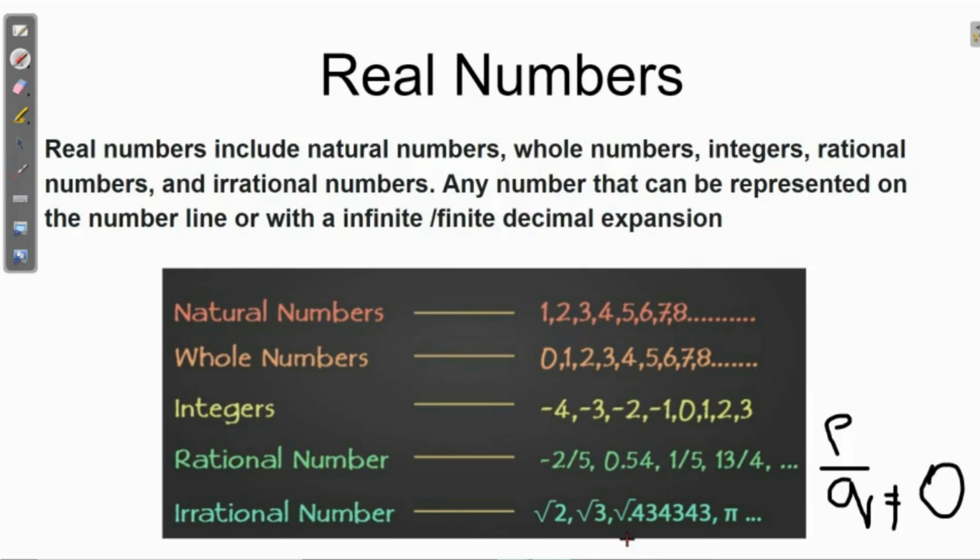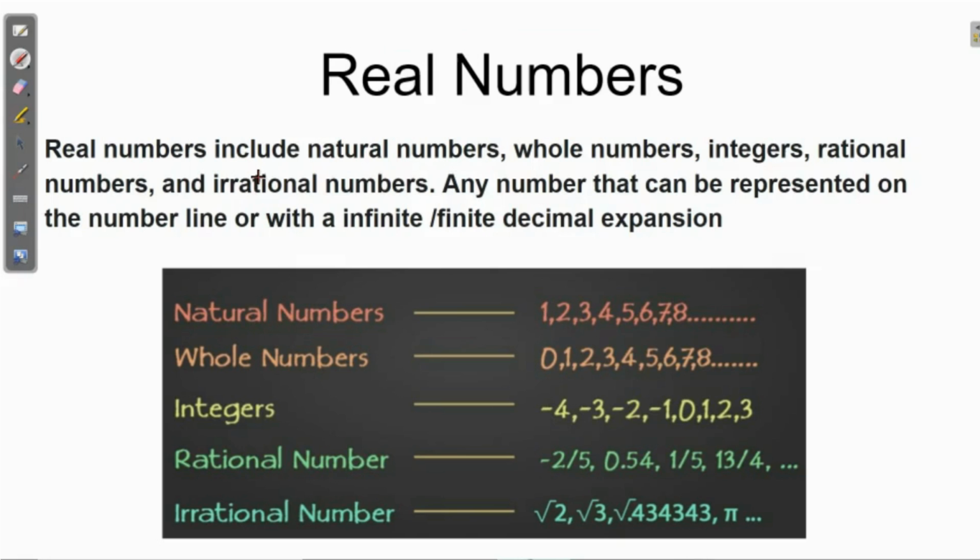If you can express any number in the form of p by q where q is not equal to 0, that is called a rational number. Whereas an irrational number is just the opposite of a rational number, that is any number which cannot be represented in the form of p by q is called an irrational number. Okay, so this is a small idea about what are real numbers, whole numbers, integers, natural numbers, rational, and irrational.